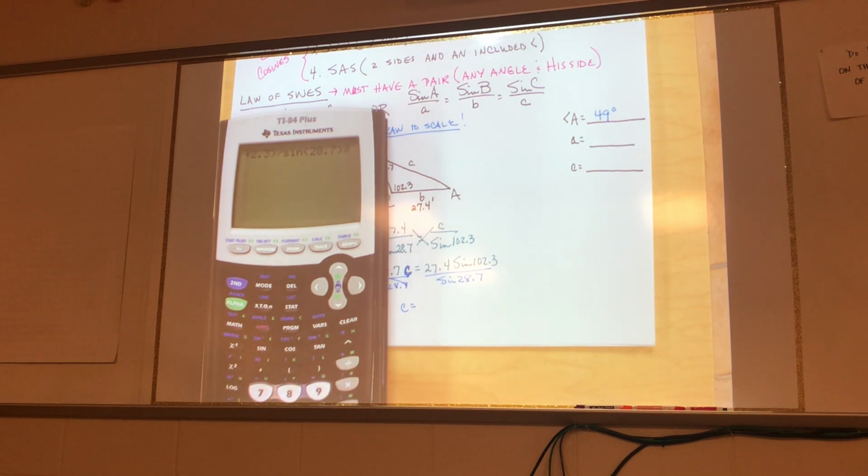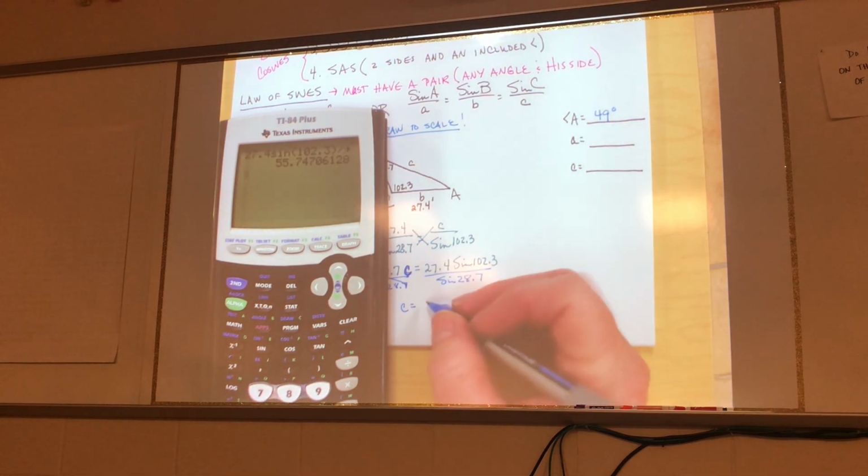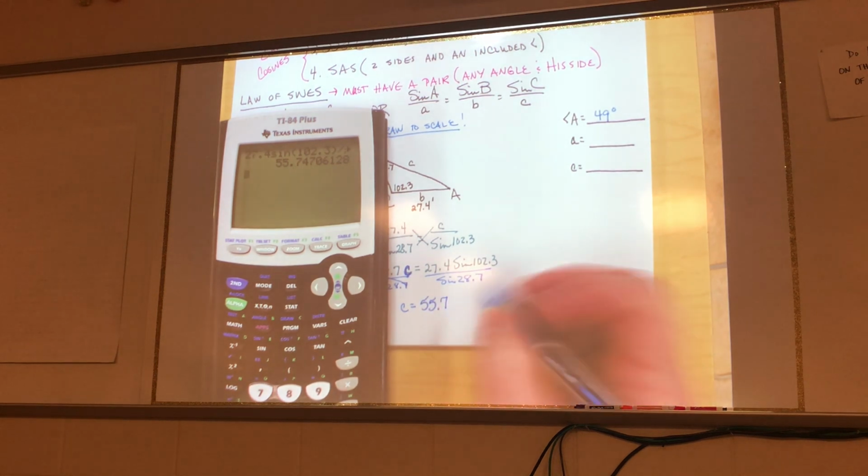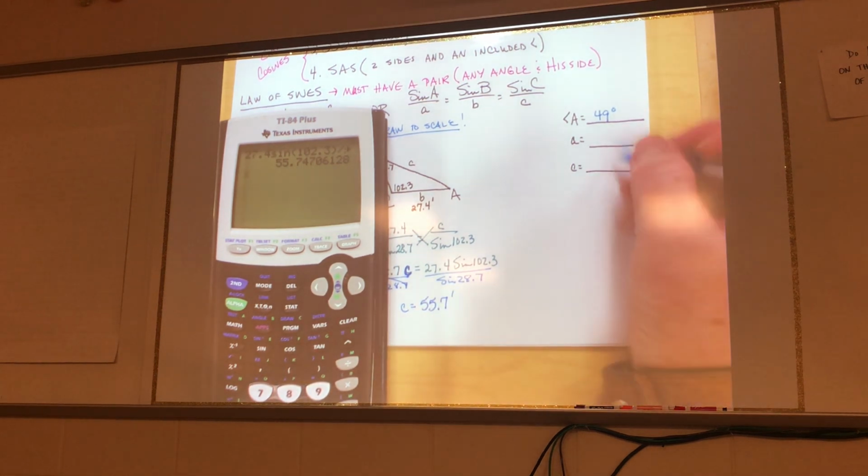You can close them at the end or not, your calculator doesn't care about being proper. And so my answer is what? 55.7. We're just gonna round it off to one decimal, so 55.7 feet.